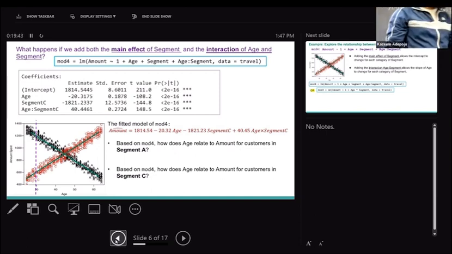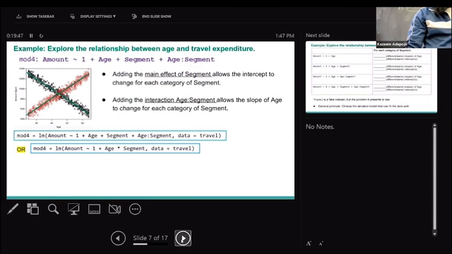This will help your interpretation. When you had the main effect of segments, that allowed the intercept to change. Which intercept is changing? The intercept between two groups. Which slope is changing? The slope between two groups.